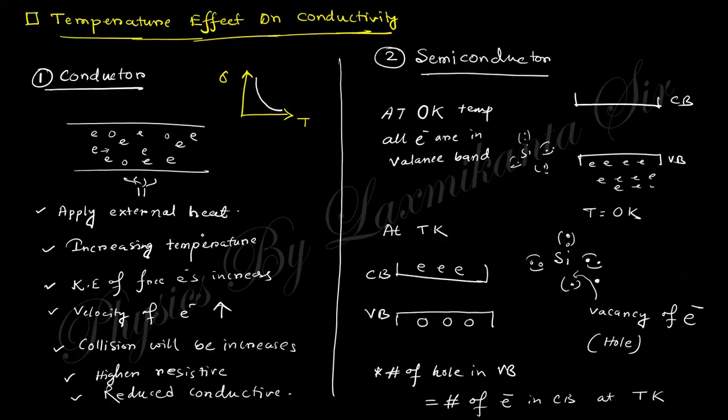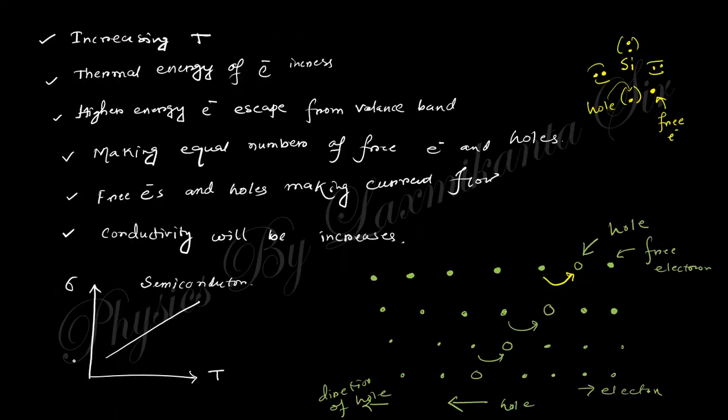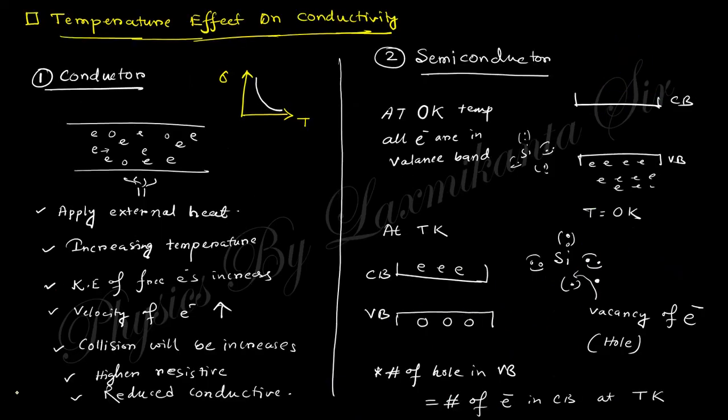And in a conductor there is a large number of free electrons, so there is no possibility of making a hole. So in a conductor there is only a single free carrier, the free electron, and in a semiconductor there are two types of carrier, free electron as well as hole. Okay, so the free electron in the conduction band and the hole in the valence band both make the conductivity.